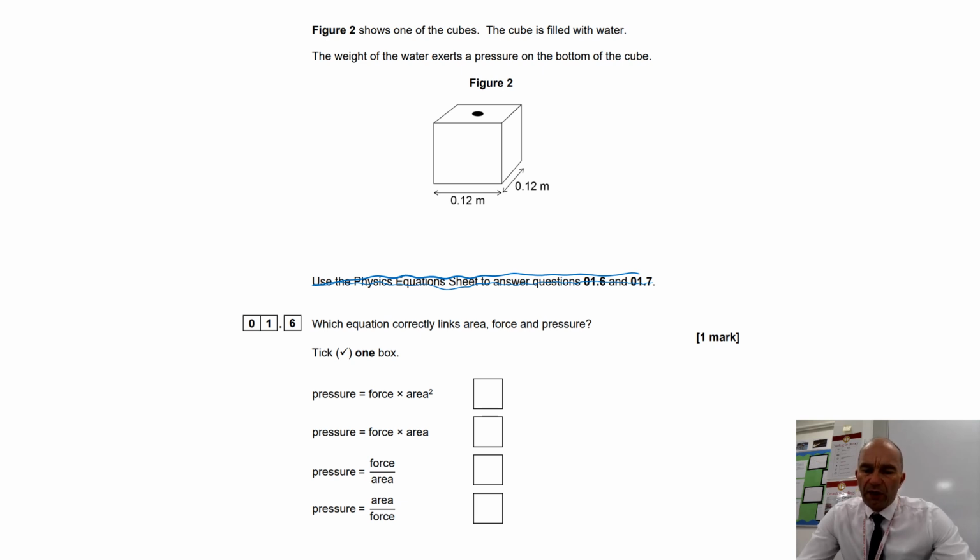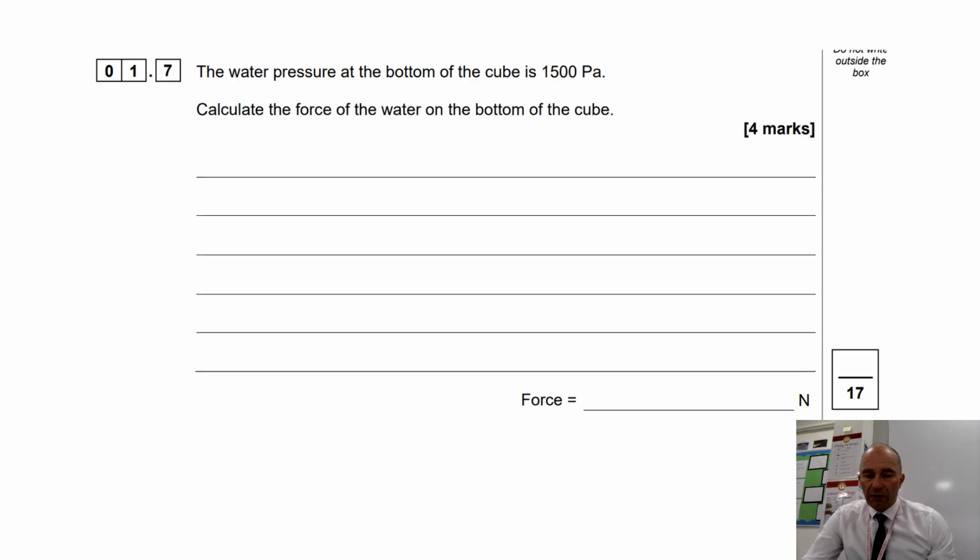The weight of the water exerts pressure on the bottom of the cube. We just need to know the formula. Pressure is force divided by area. So there's only one possible answer there. And then of course we need to use that information in the next question. So if you remember, pressure equals force over surface area.